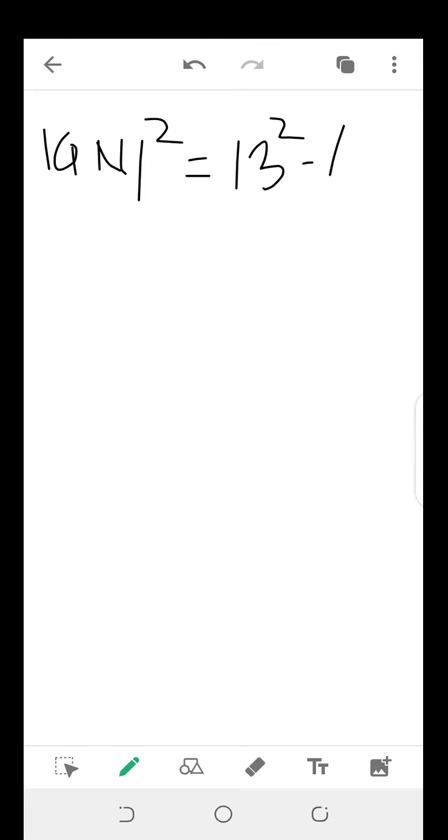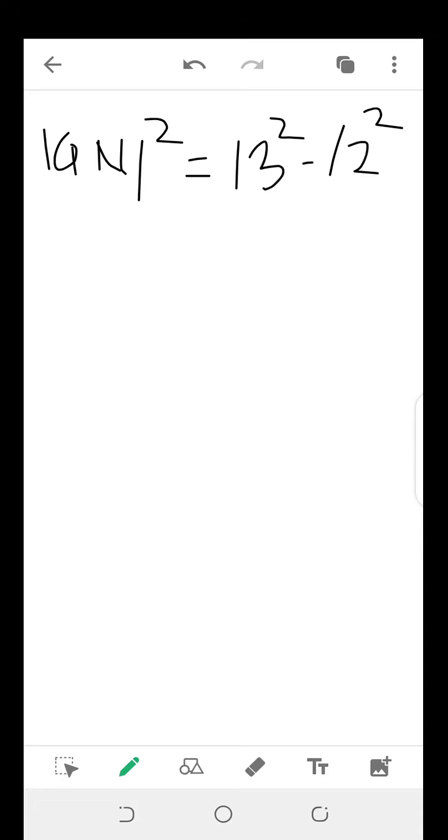So we can say that QN square is equal to, let's just put in the values, 13 square minus 12 square.